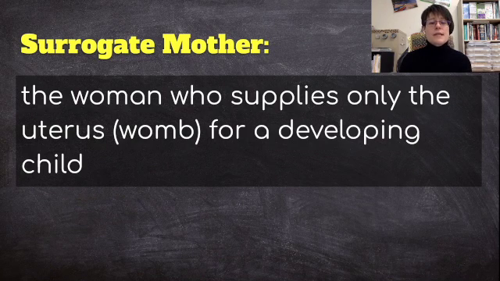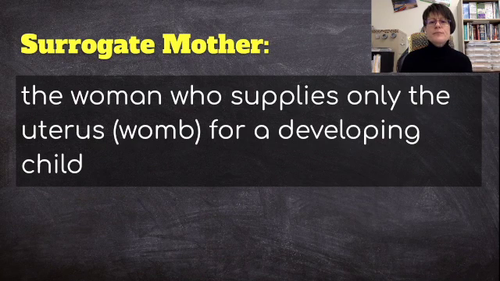Now, many people would say that this is immoral because it goes against the definition of a family and is outside of those boundaries. Other people may not have an issue with it. It just depends upon the individual. And again, this is something for you to talk about and decide.